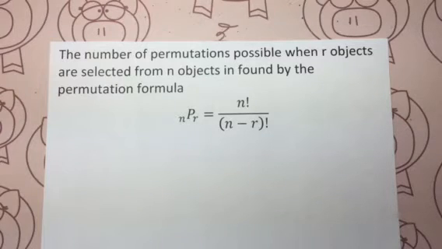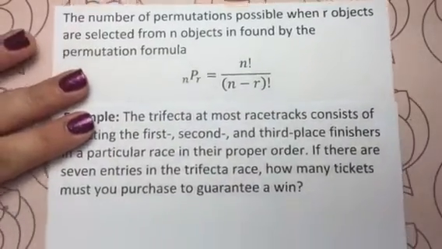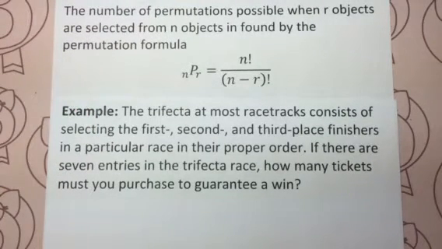Now, I'm going to do one by hand, just so that you see what this means, and then we are going to do the rest of them on our calculator. I'm going to use the example that I just used. It's called the trifecta. It's when you select the first, second, and third place finisher. When you bet the trifecta, you're trying to select the 3 people that come in first, second, and third.